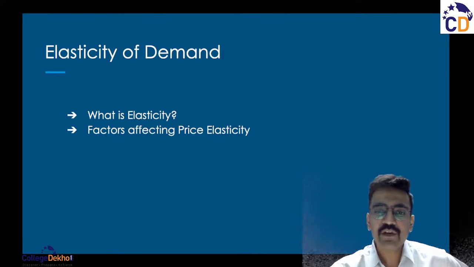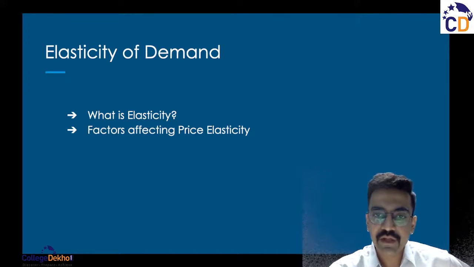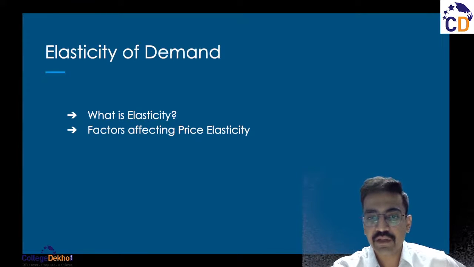So availability of close substitutes like this affects the price elasticity of demand, right? So a good having a close substitute will have an elastic demand, and a good with no close substitute available will have an inelastic demand.